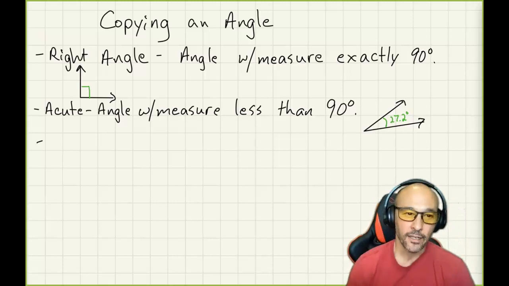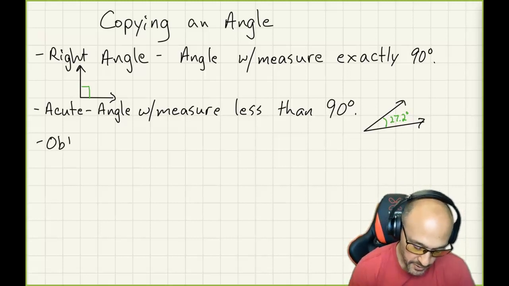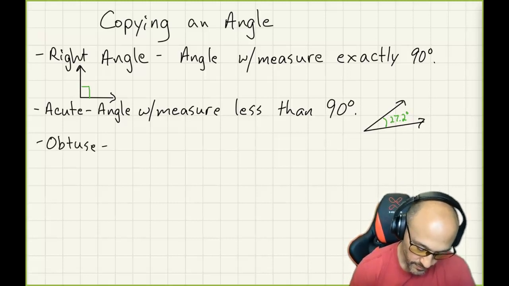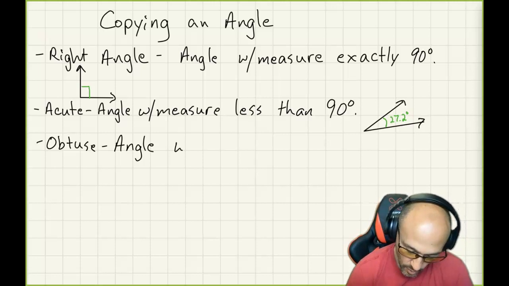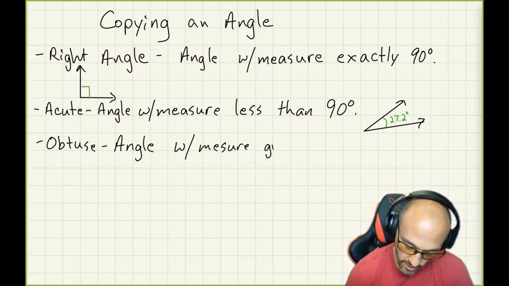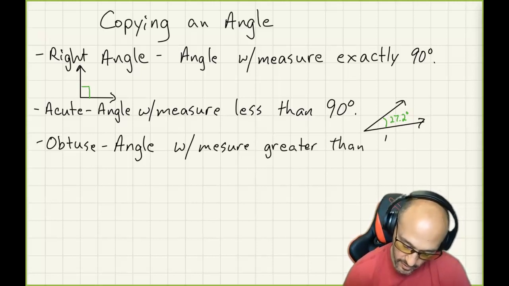A cute little angle. An obtuse angle is an angle with measure greater than 90 degrees.